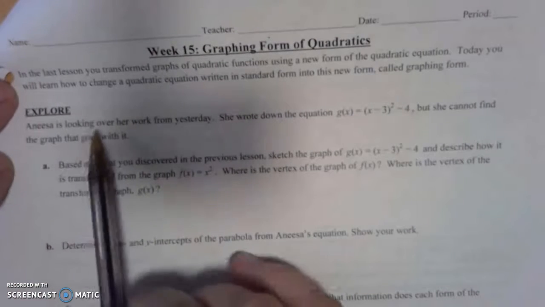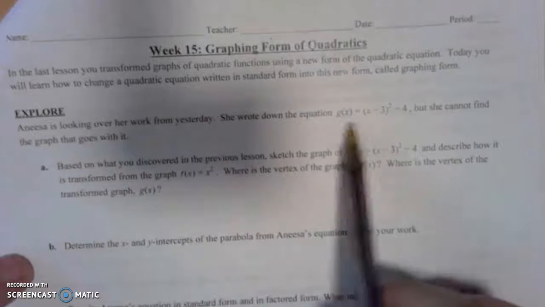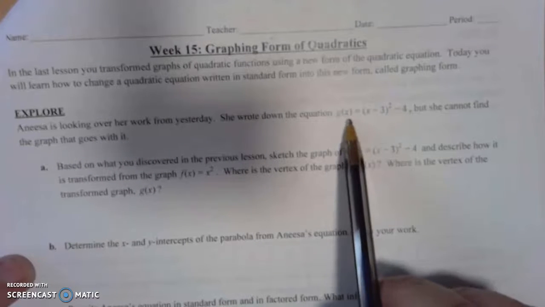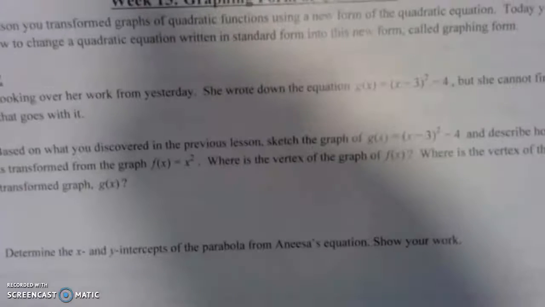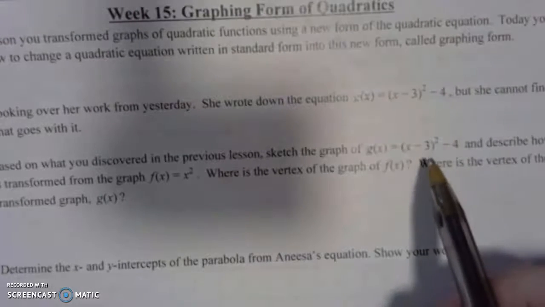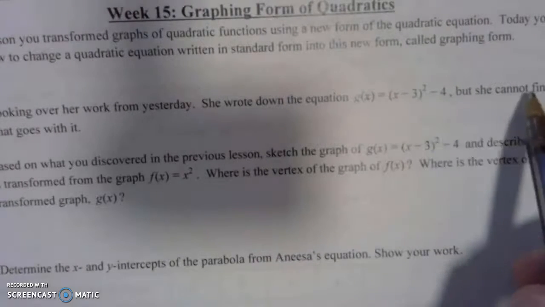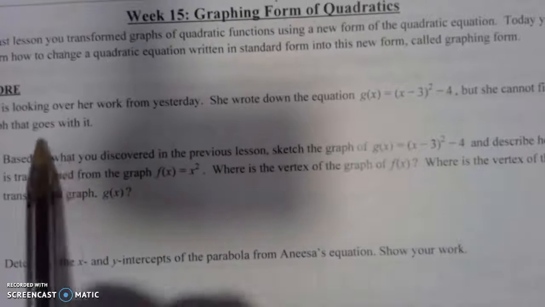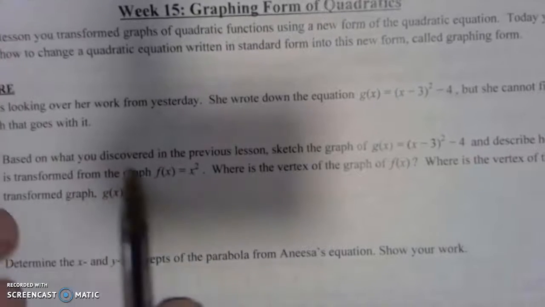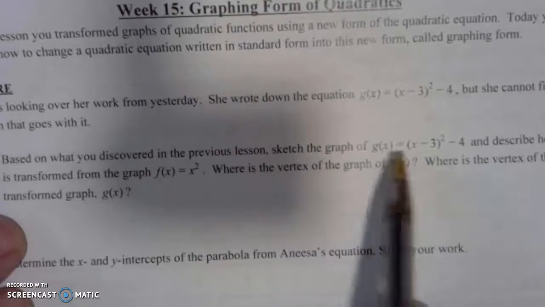So Anessa looked over her work from yesterday and she wrote down the equation g of x, or that could be y equals x minus 3 quantity squared minus 4, but she cannot find the graph that goes with it. So based on what we discovered from the previous lesson, let's sketch this graph.